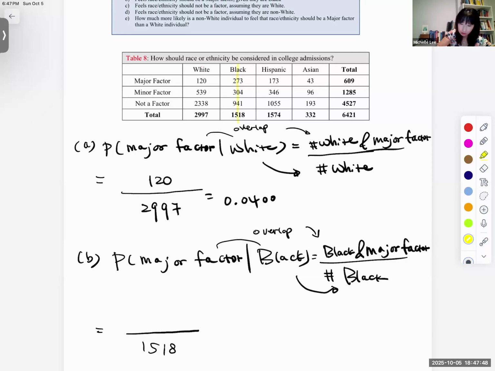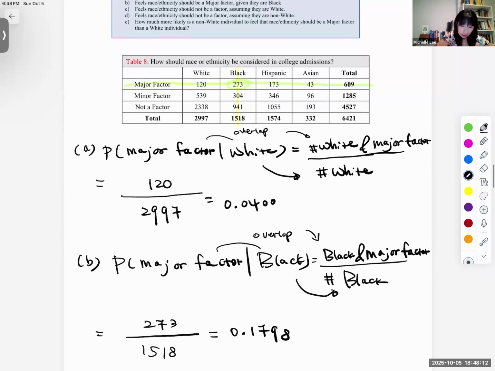Oh, different colors. Major factor. So overlap is 273, right? So 273. Okay, now can you please calculate? 0.1798. Good.